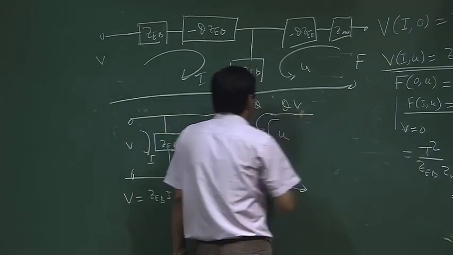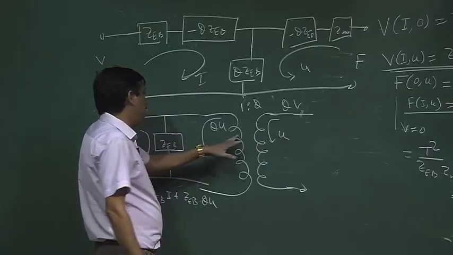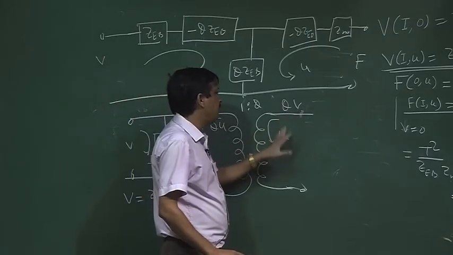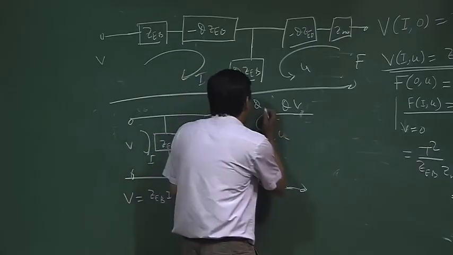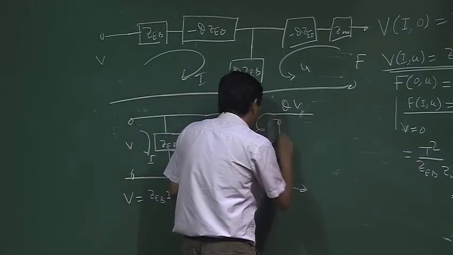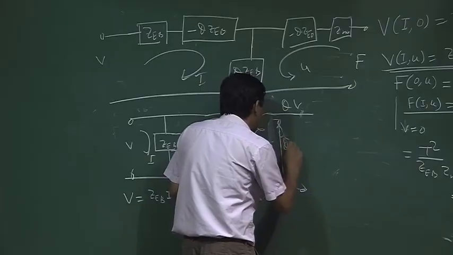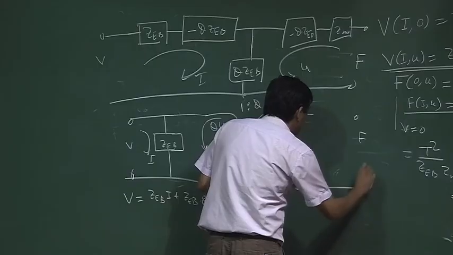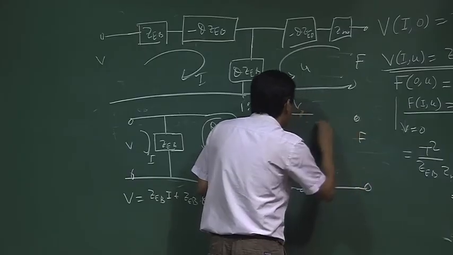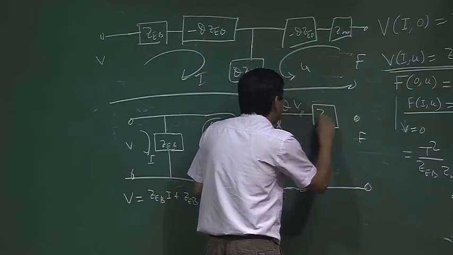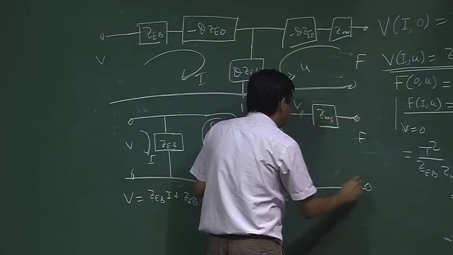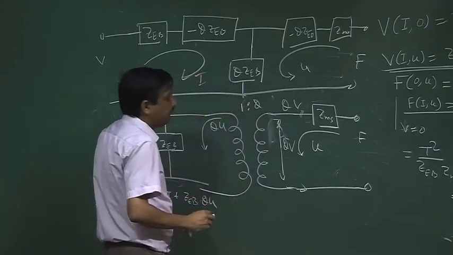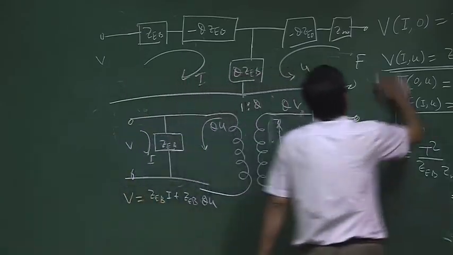Next, this side. So, on this side I have taken the current, and on this side I have taken the phi V voltage. So, phi V voltage will be induced in here, at that point phi V will be there. Now, if I apply a force in here and a resistance which is ZMS in here and U is flowing, then can I derive the F equation?